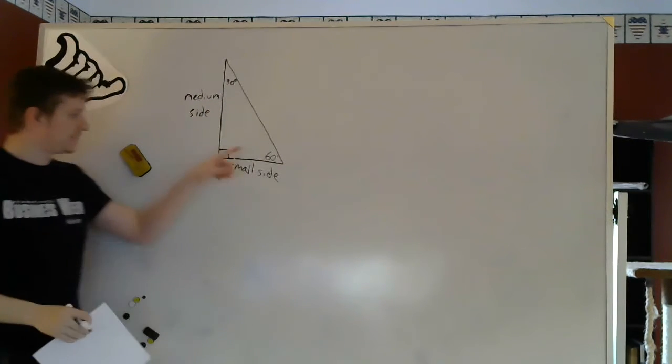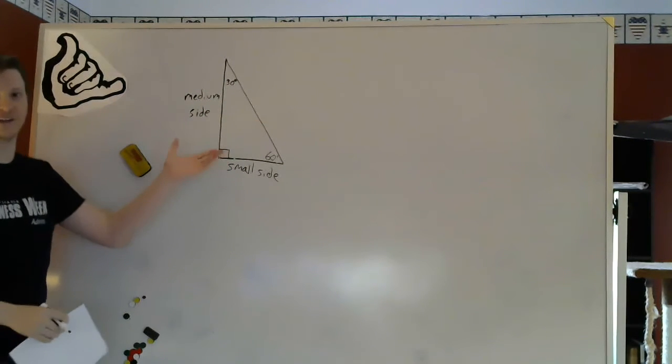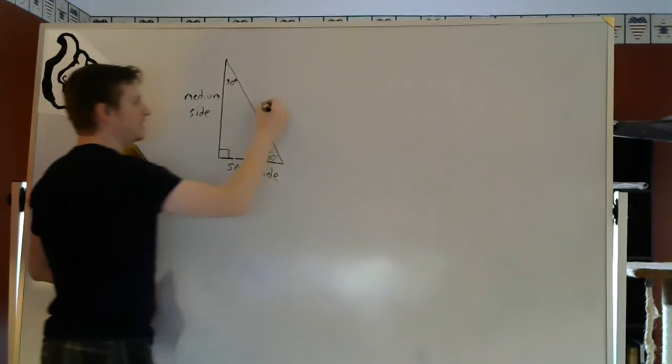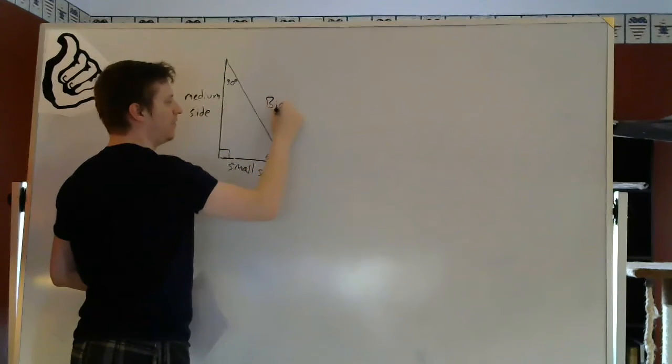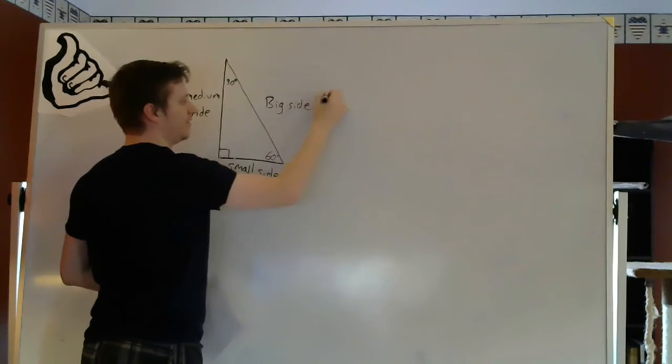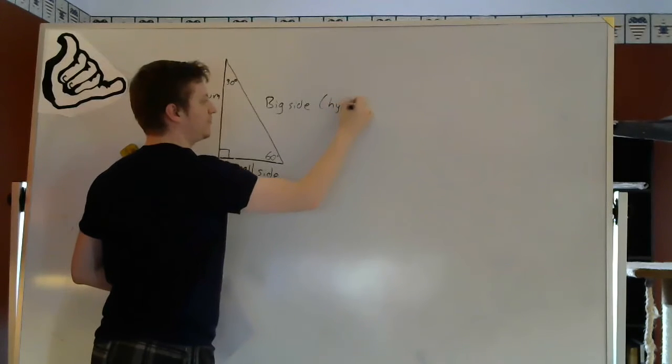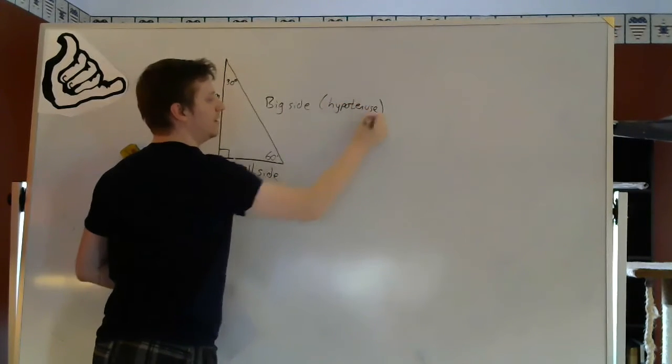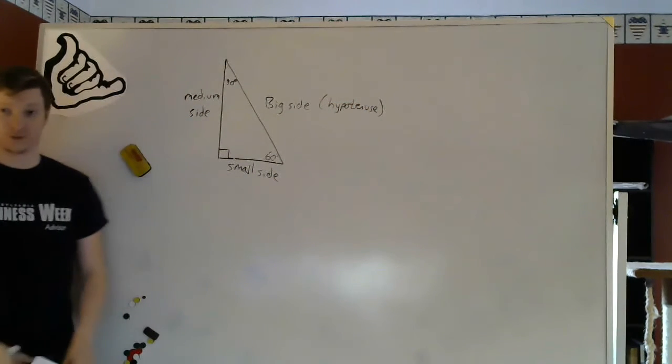And then lastly, the side that's opposite the 90 degrees, well, 90 degrees is the biggest angle on this triangle, so this should be the big side. And we call that big side, in this case, the hypotenuse, because it's a right triangle.